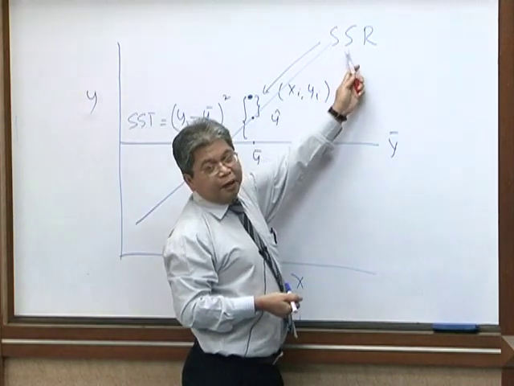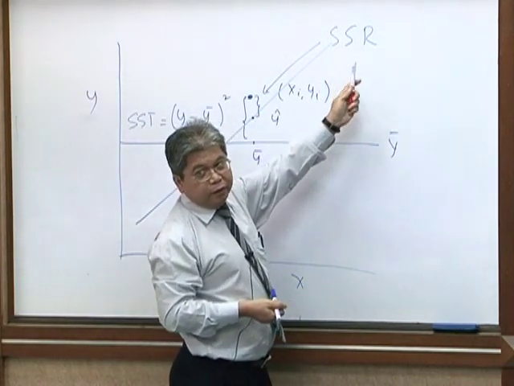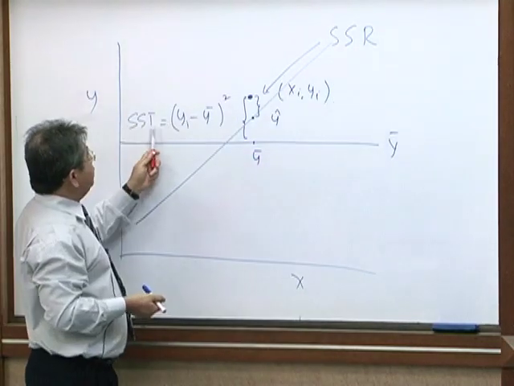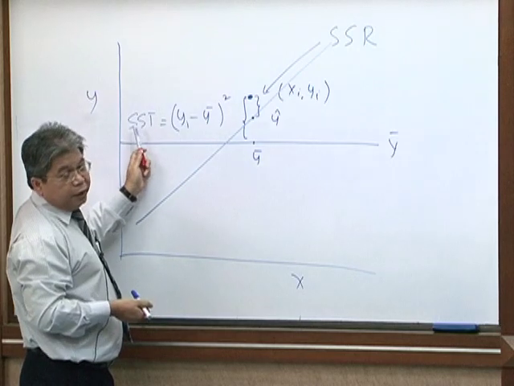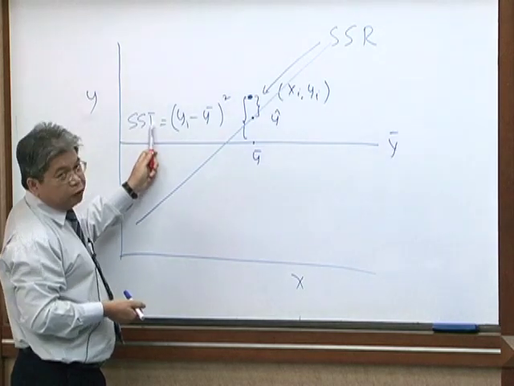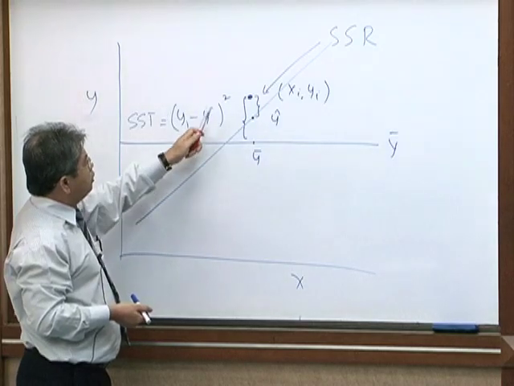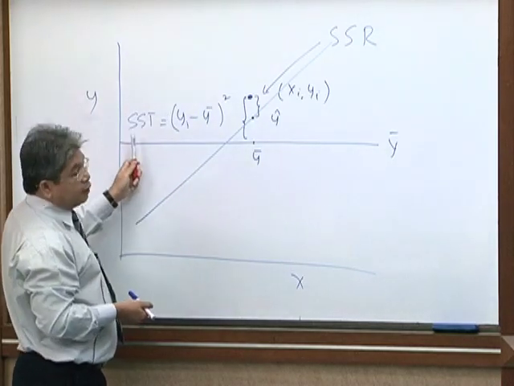The term SS means sum squared. SST is total sum squared, where T means total: y minus y bar squared.